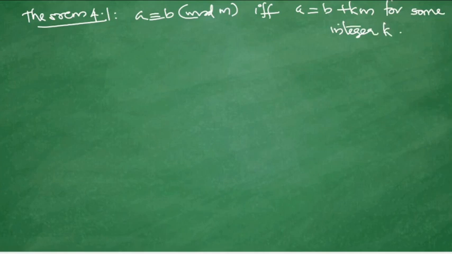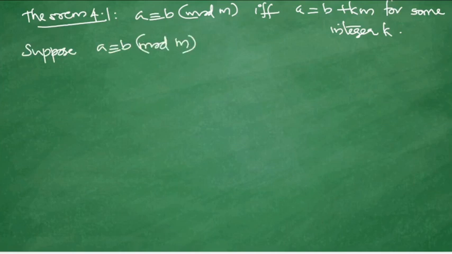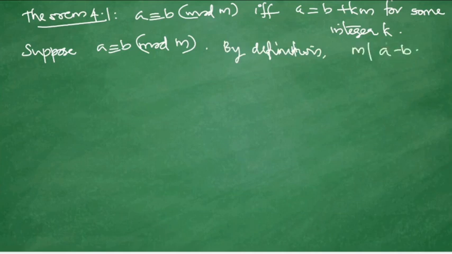First of all, we assume one part, that is, suppose a is congruent to b modulo m. Then by the definition, m divides a minus b.